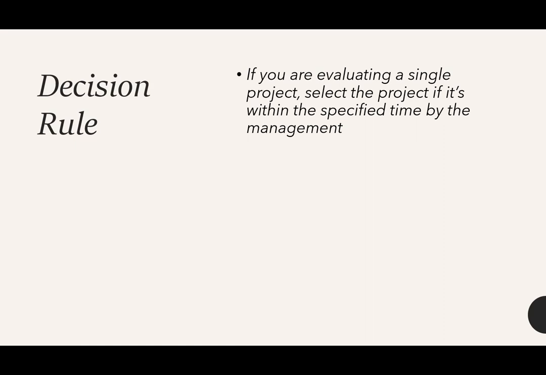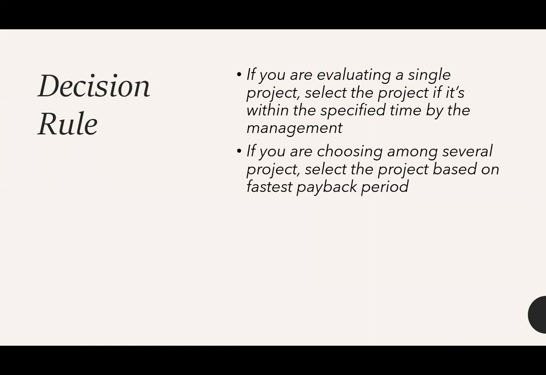Hence, in this case, you will accept that project. Okay. But in case the calculation tells you that the payback of this investment will be 4 years, because it's greater than the time specified by the management, you will decide to reject or decline that investment.